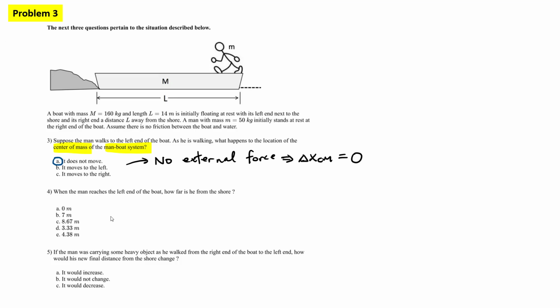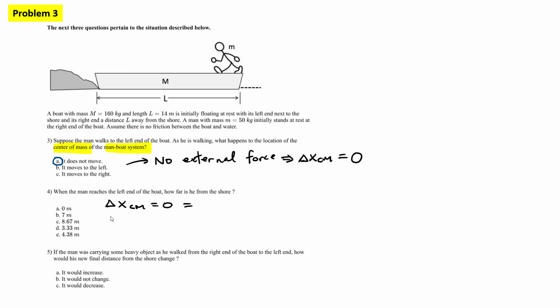All right, the next question says, when the man reaches the left end of the boat, how far is the boat from the shore? Again, I'm going to proceed using a similar approach to problem 1 over here. I'm going to write that the displacement of the center of mass must be 0.